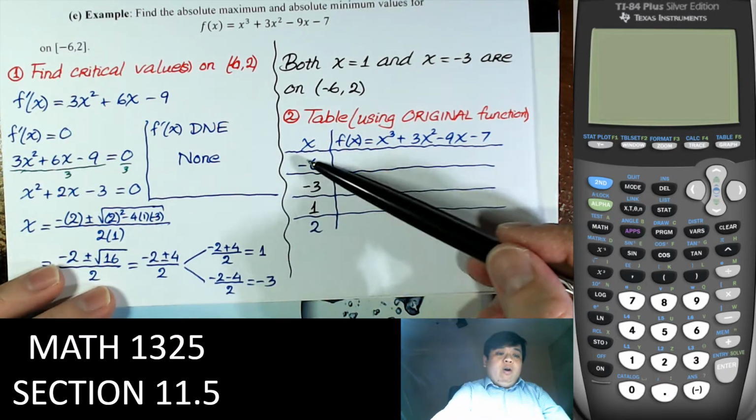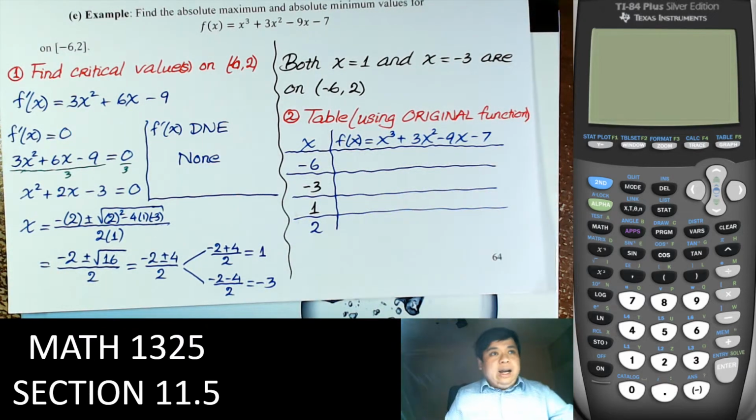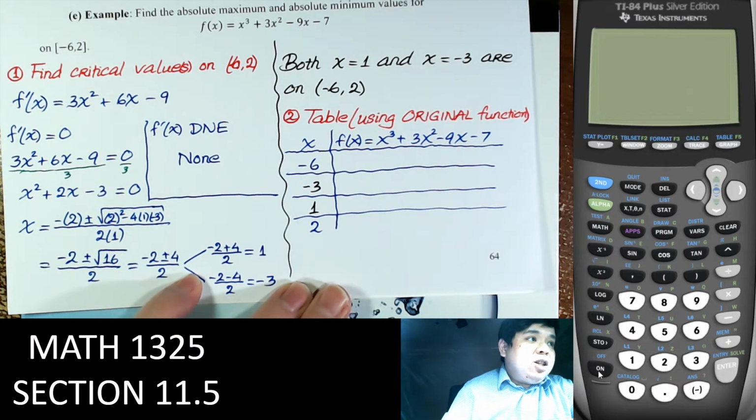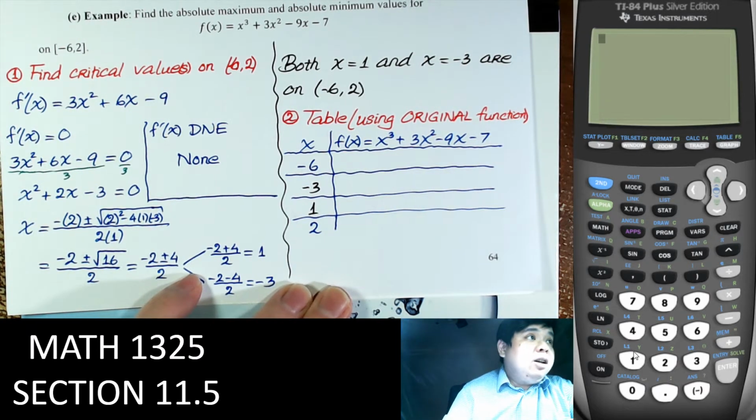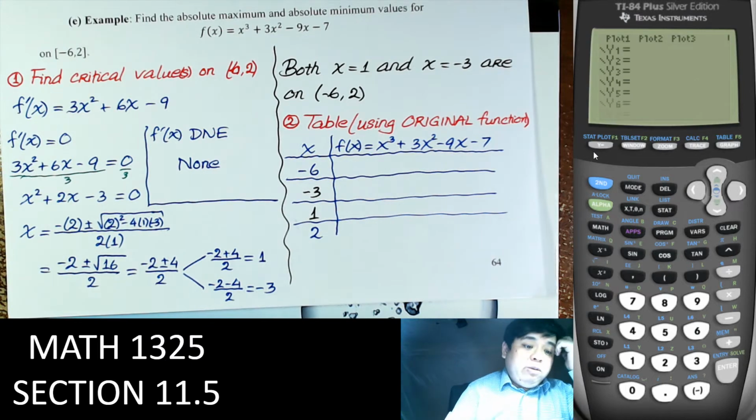Right, put all of those values into the function, and then we determine the maximum and the minimum from there. I enter the function in first. It's y equal to x cubed plus 3x squared minus 9x minus 7.